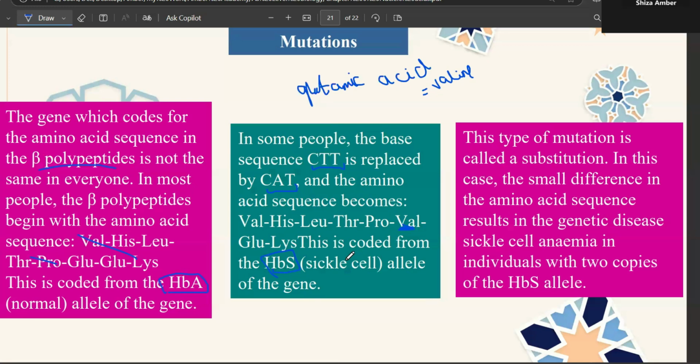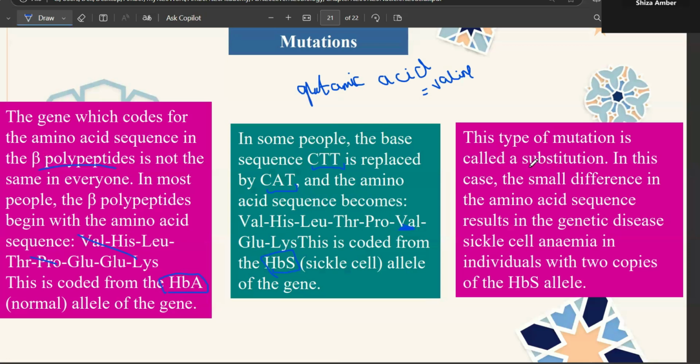The entire chain is correct, just one amino acid has been altered, कि glutamic acid की जगह valine आके लग गया है, and it's going to result in HbS, the sickle cell allele of the gene of hemoglobin. It's a real case of mutation.